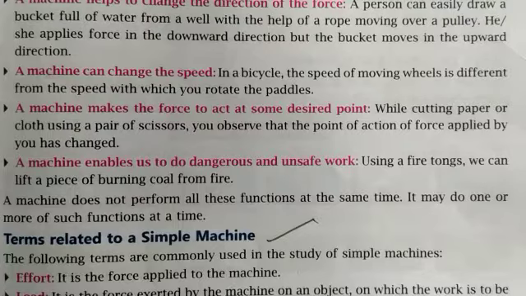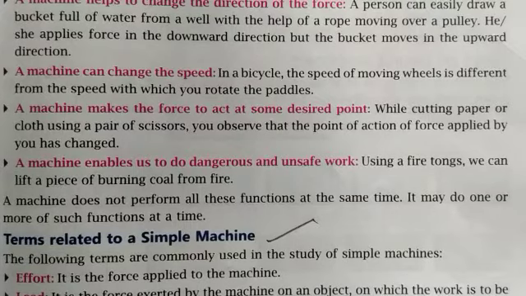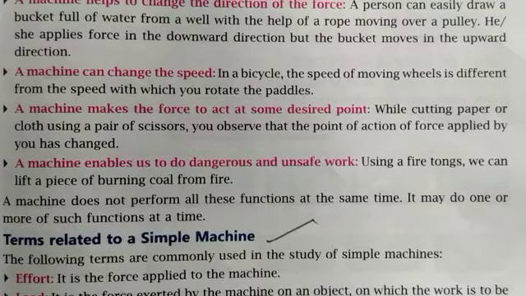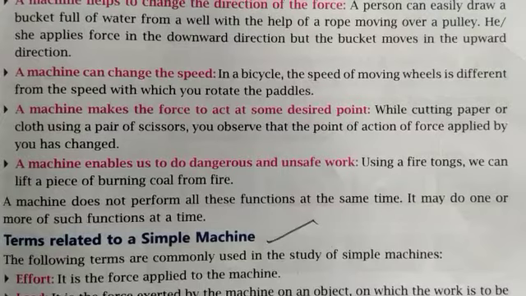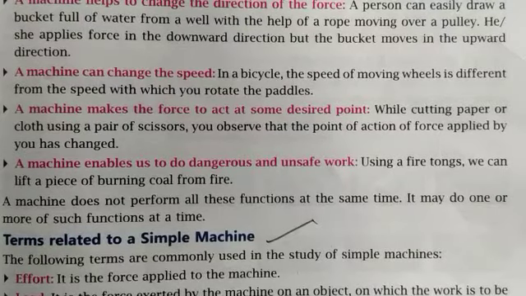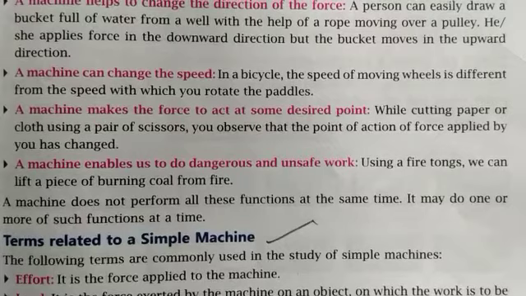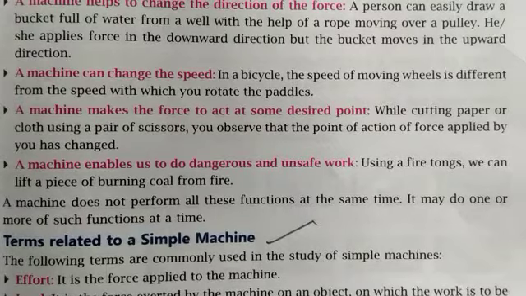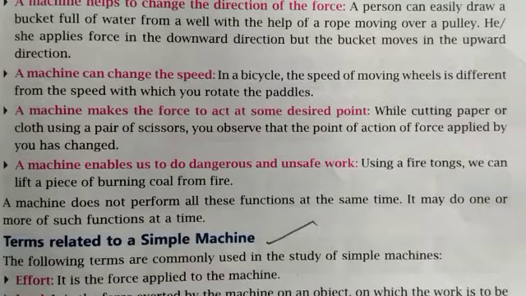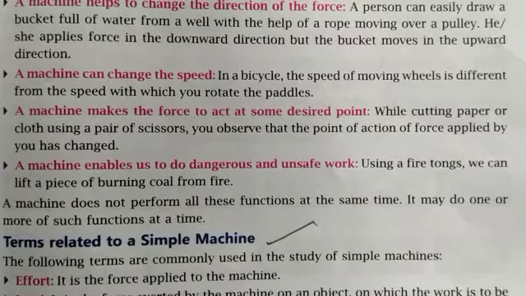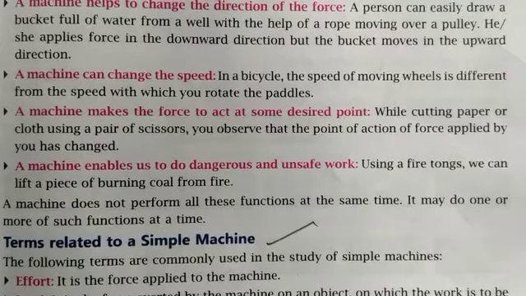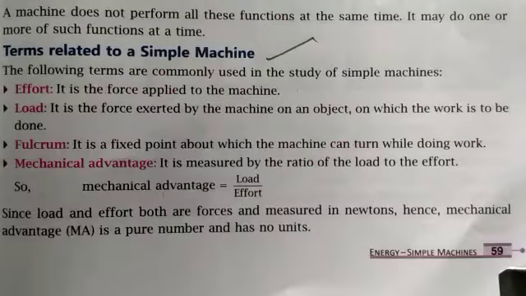They use the fire tongue, or you can say the chimta, by which the chapati is kept on the flame directly and removed from the flame. Instead of using the hand, as the hand can burn, we take it as a precaution. So these simple machines help us to do dangerous and unsafe work also. So these were the functions of machines.